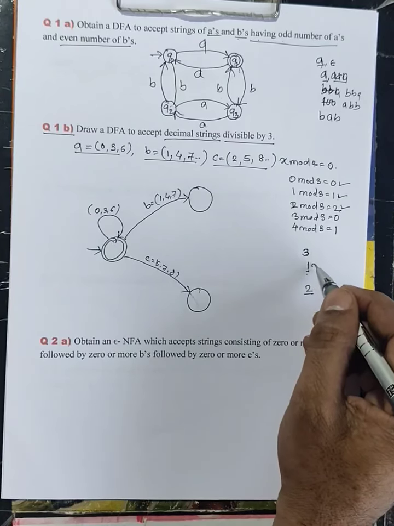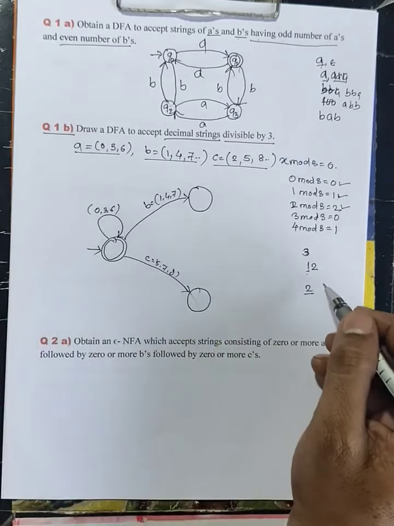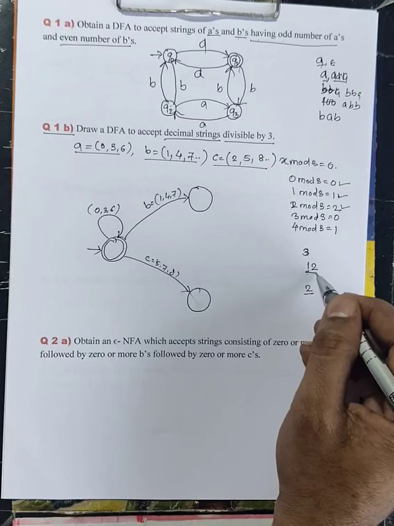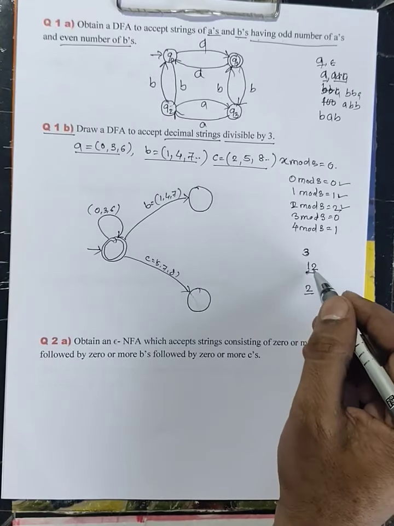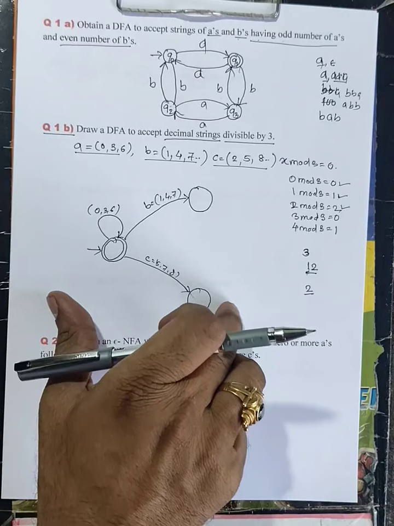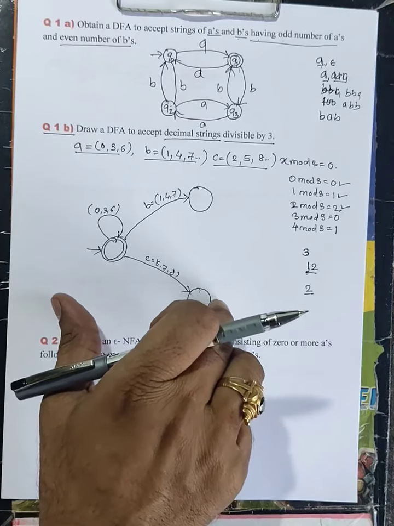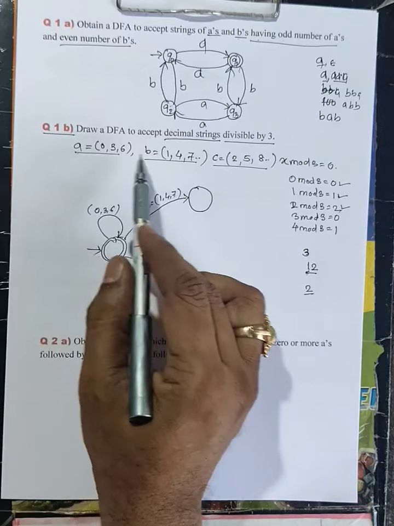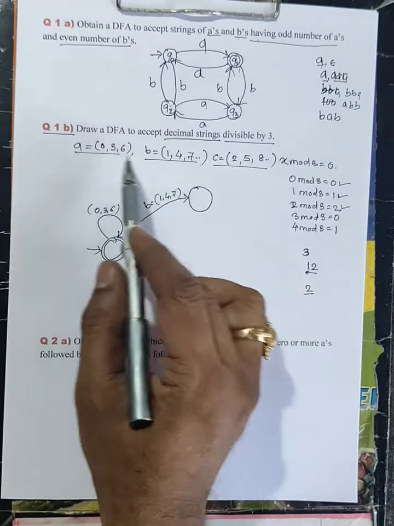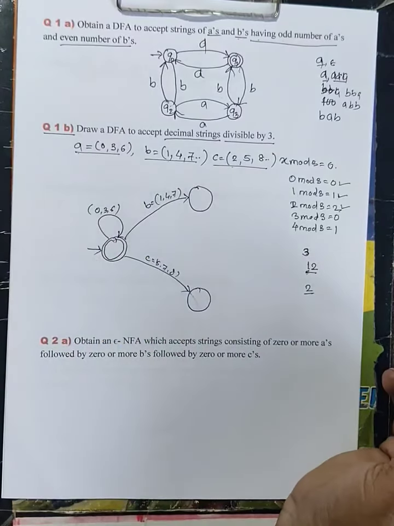Remainder 1 then remainder 2 means the string is 1 2, and 1 2 is divisible by 3. This is a DFA, so from each state we can take 3 transitions, because our input symbols are remainder 0, 1, 2.